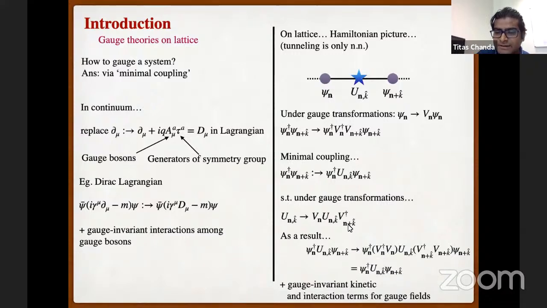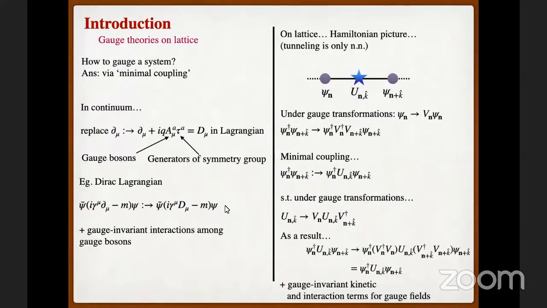As a result, under this and this transformation, the new kinetic term is now gauge invariant. It does not change. So this is the minimal coupling in the lattice picture.